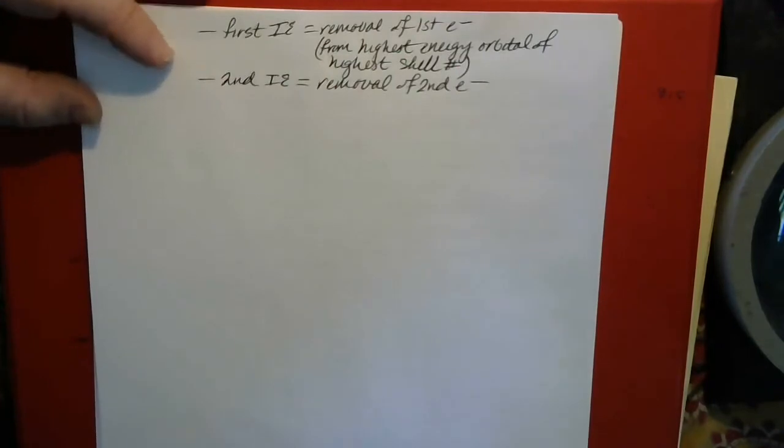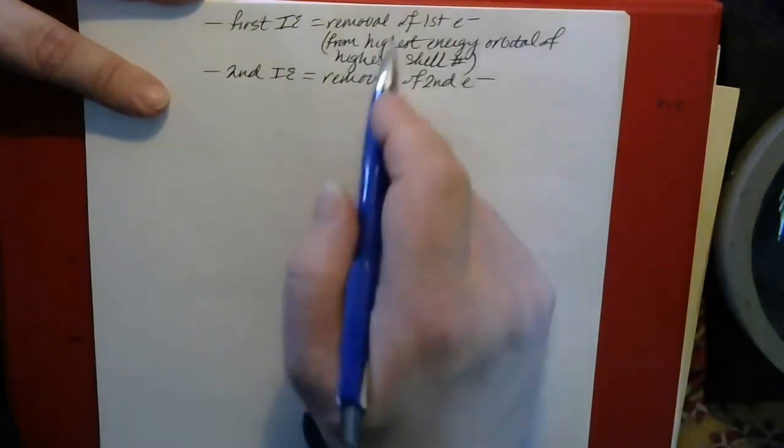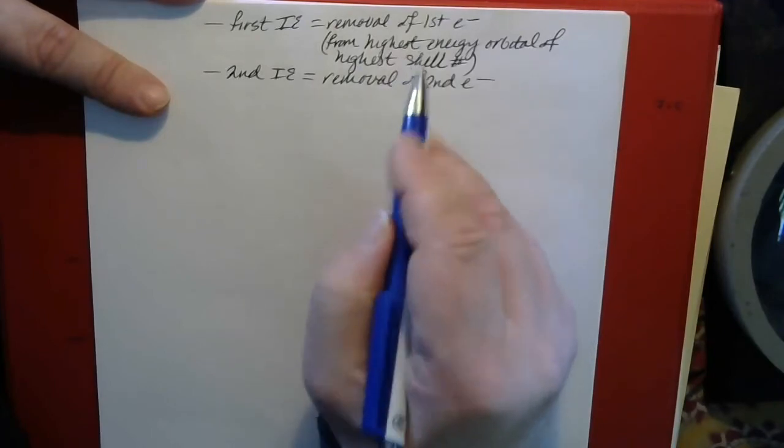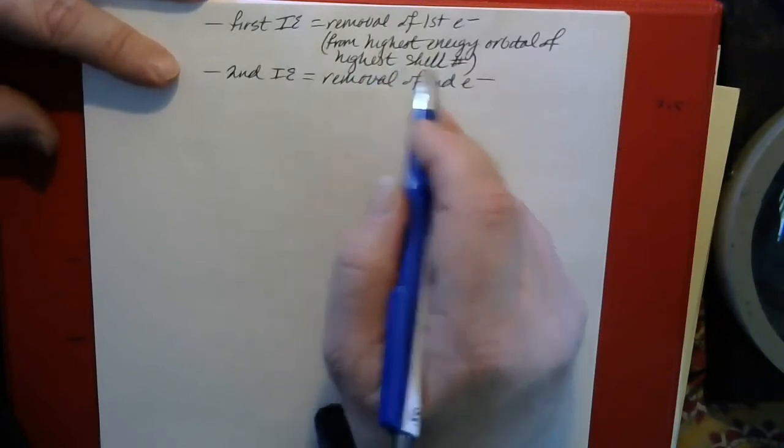And there's also a second ionization energy, which corresponds to the removal of a second electron after the first one is removed. And of course, the second electron would also come from the highest energy remaining orbital of the highest shell number.